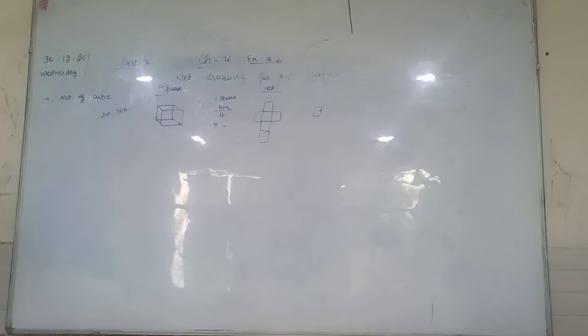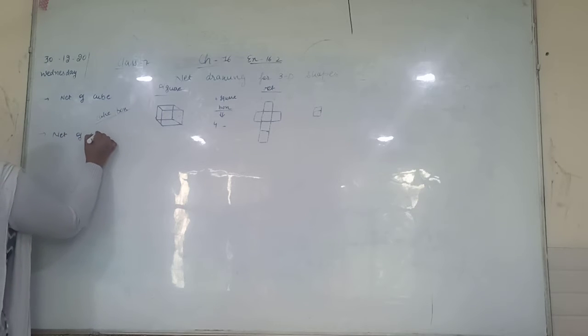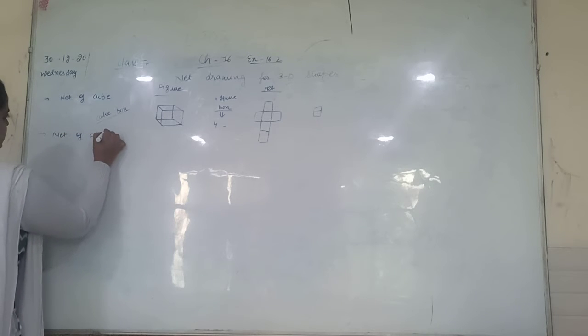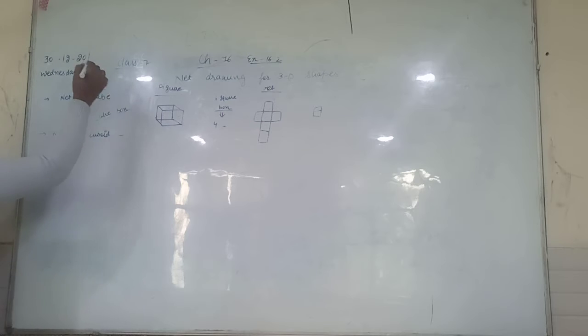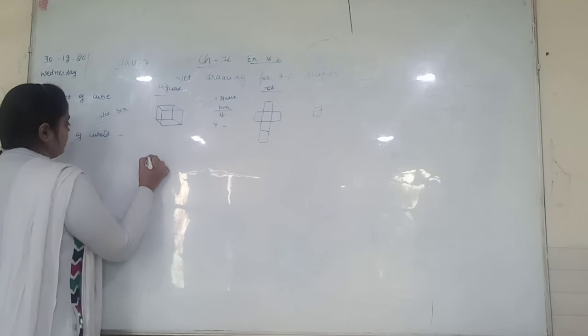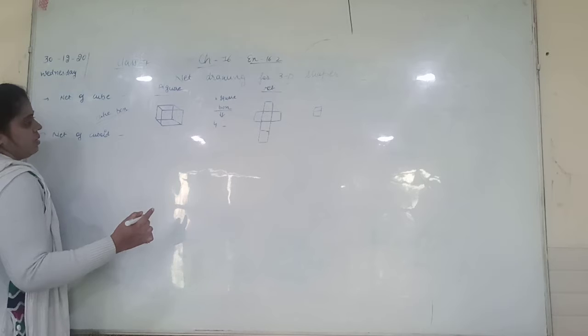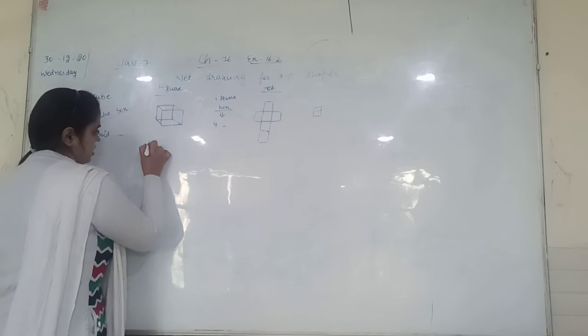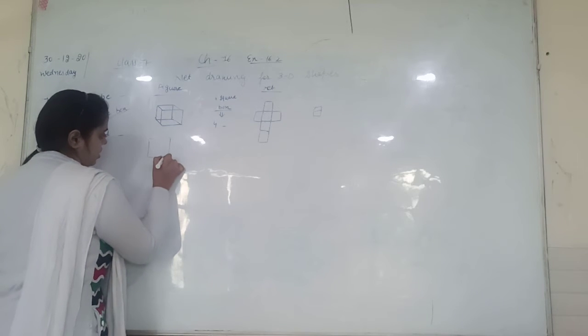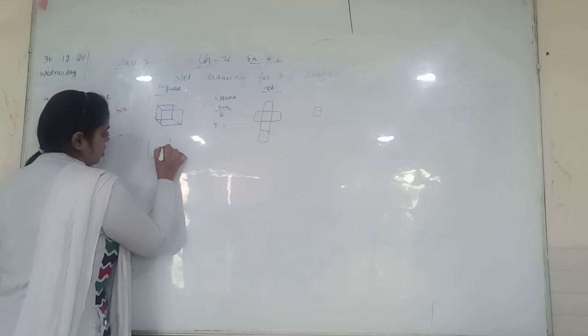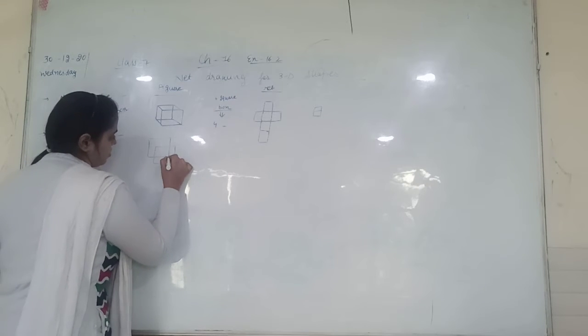And for cuboid also. Now the second net that we will discuss is the net of cuboid. Net of cuboid. So same, children, firstly what will we do? We will do the figure. In a cuboid remember this thing, edges are different. So one you can take bigger, and one you can take small also.